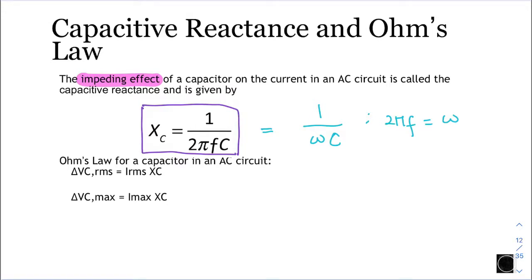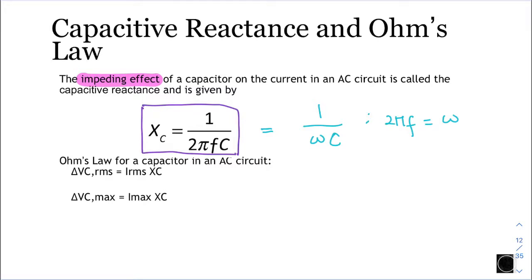What is omega? It's angular frequency, right? So the unit of it is radian per second. So Ohm's law within a purely capacitive circuit, where we call the impeding effect capacitive reactance, XC, is also applicable.